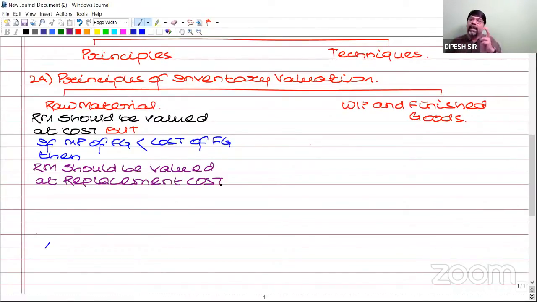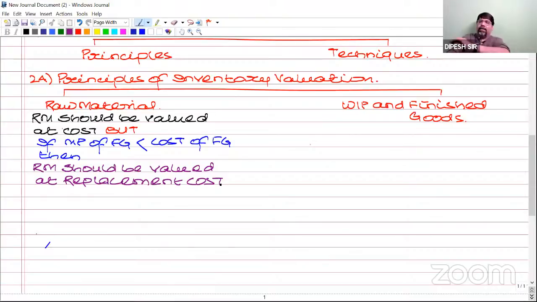Now, there are two doubts in your mind. What does this sentence mean and what is replacement cost? First, we'll understand the sentence and then we'll understand the meaning of replacement cost. Listen to this example very carefully. If the price of the finished goods falls below the cost of the finished goods, then raw material should be valued at replacement cost.